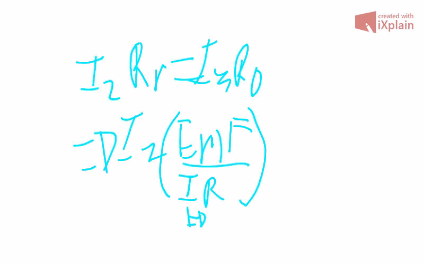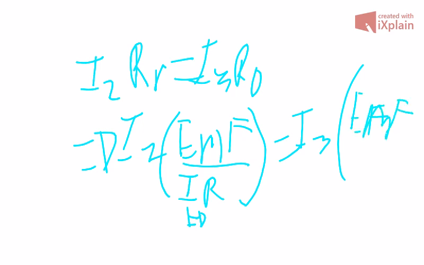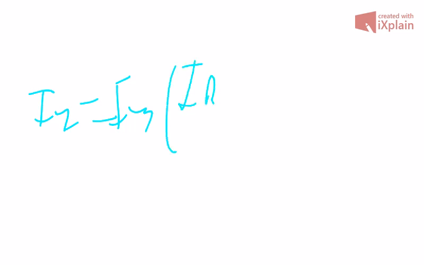And that's going to be equal to I3 times EMF over RO, which is what we're trying to find, because this is the conventional current going through the bulb with different resistance. Therefore, I2, the conventional current going through the outside bulb, is equal to I3 times RO over R, where this is known.